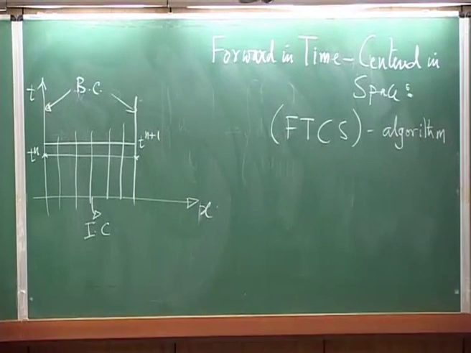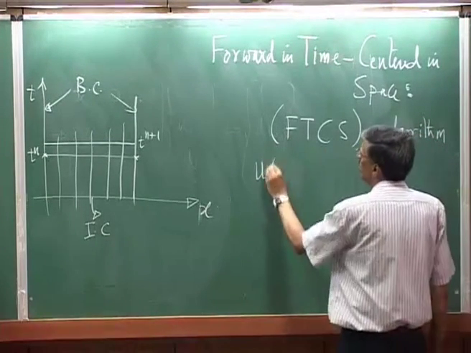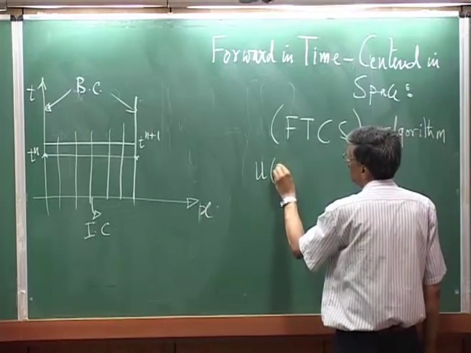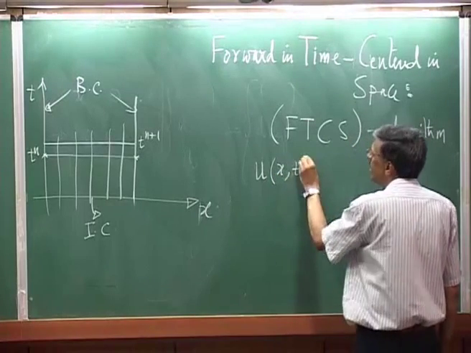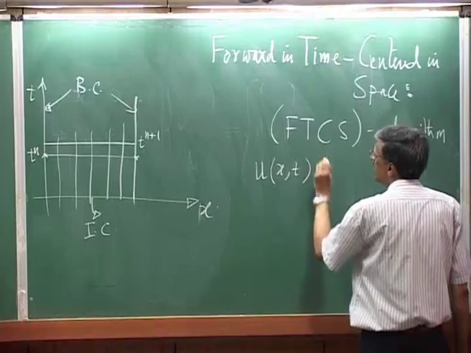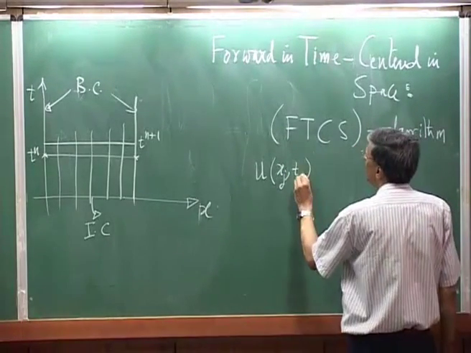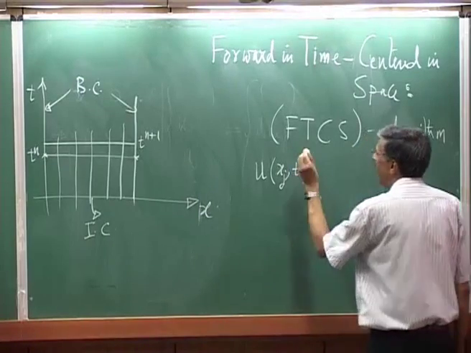So, what I would do, I would represent the solution u of x and t at, let us say, x equal to x j and t equal to t n.